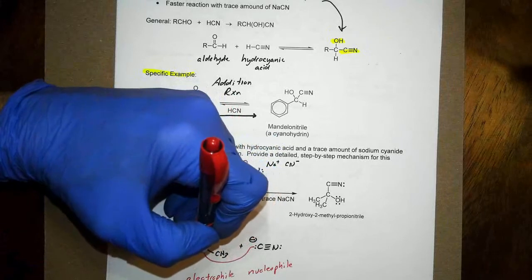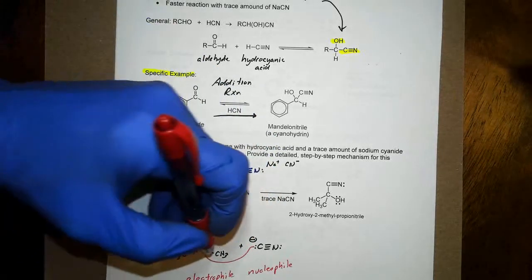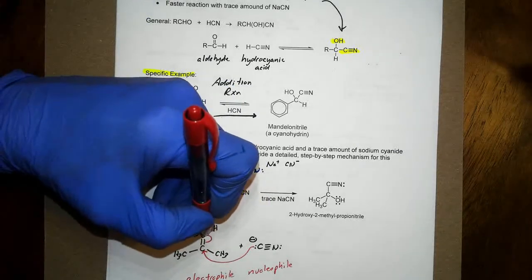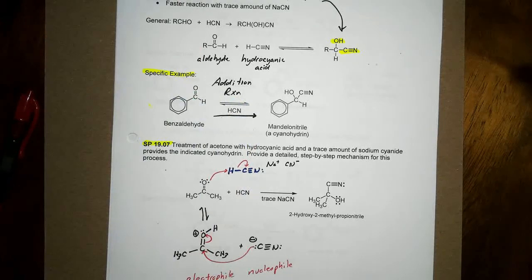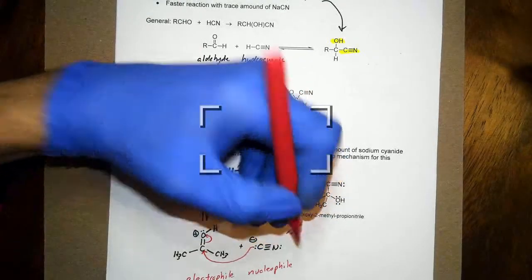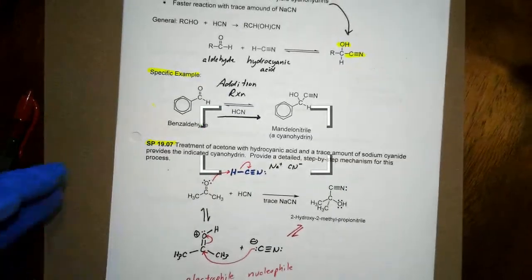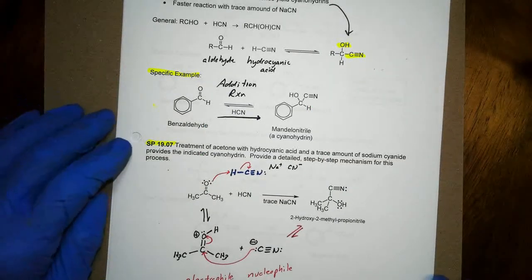By convention, we show them attacking, okay? In this case, it attacked the carbon, and the pi bond becomes a lone pair. And if you follow that rationale, it takes you directly to this product. So this is one of the simpler mechanisms that you'll ever see. Very easy reaction to do in the laboratory.